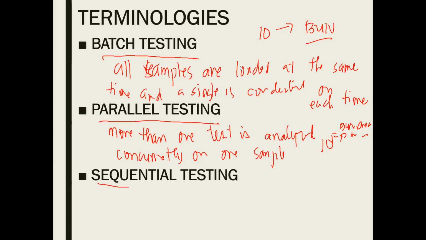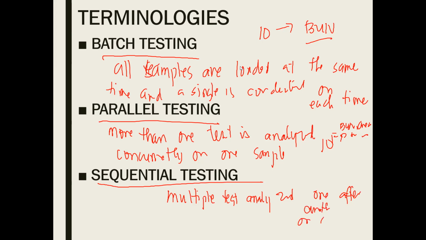And when we said sequential testing, multiple tests analyzed one after another on a given specimen. Okay? One or more tests analyzed concurrently on one sample, yun po ay kay parallel testing. Kaya na pong i-test lahat sa isang sample. Kapag kay sequential po, kaya na pong i-test ang lahat, okay, sa lahat ng ating sample.